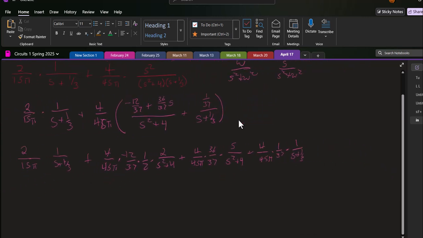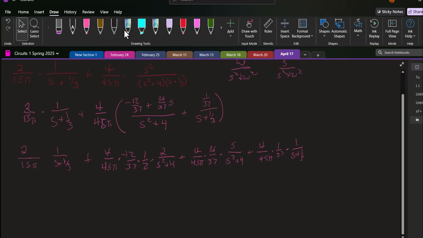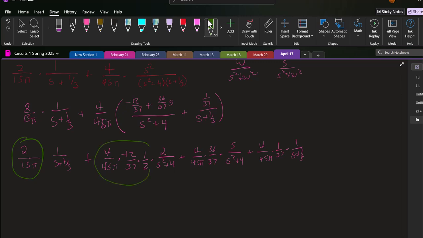It looks terrible, but everything I'm about to circle is just a number that you calculate. So I have some number times 1 over s plus 1/3, plus some other number times 2 over s squared plus 4, plus some other number times s over s squared plus 4, plus some other number times 1 over s plus 1/3.